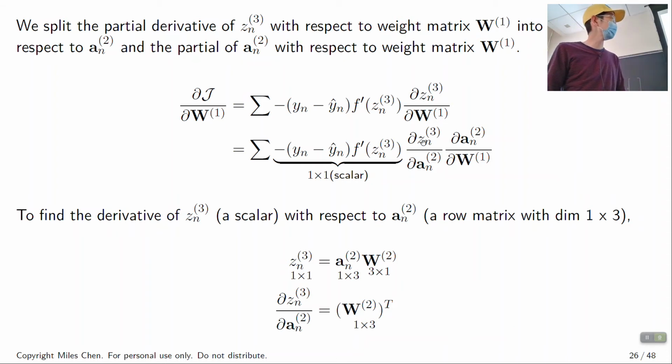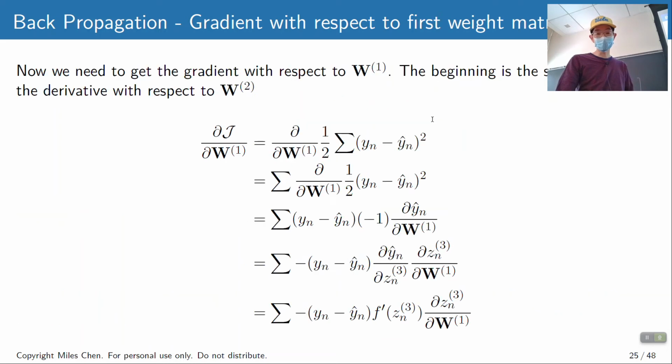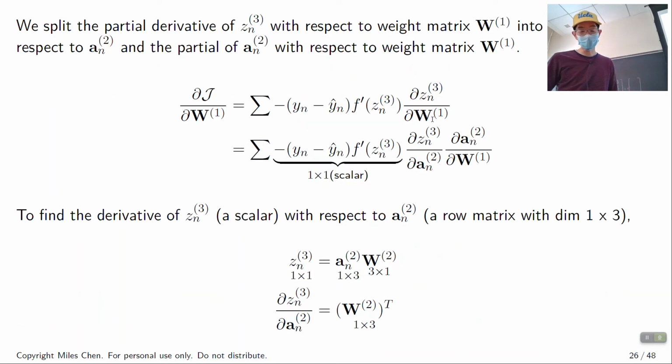So we want to say, how does Z change with respect to the first weight matrix W1? So we have to say, how does A2 change with respect to W1? Here the question is, how does Z change with respect to A2?